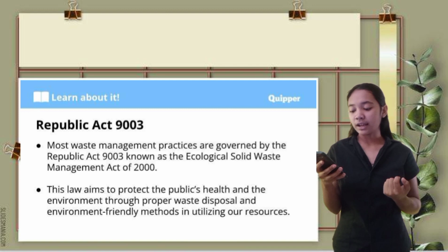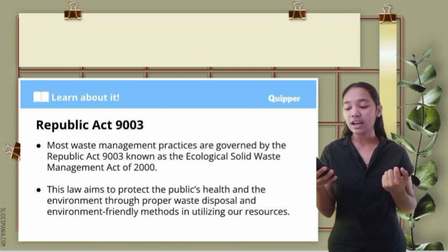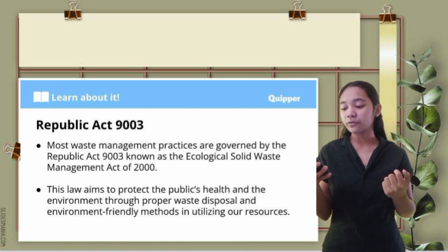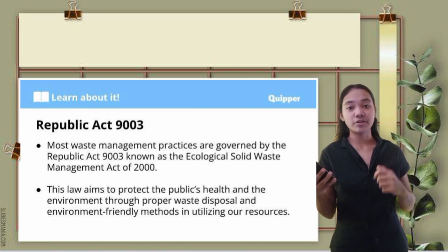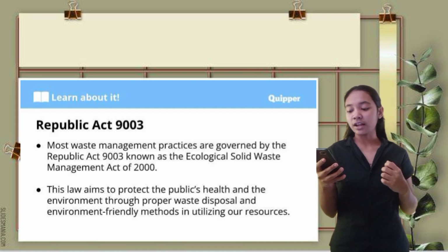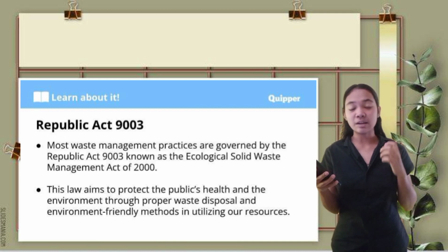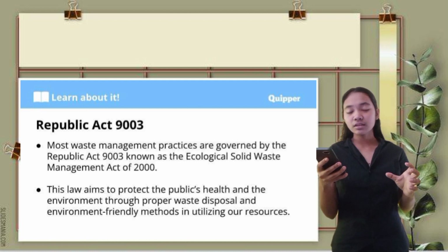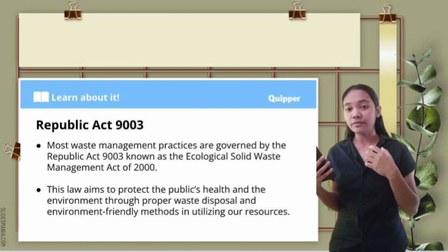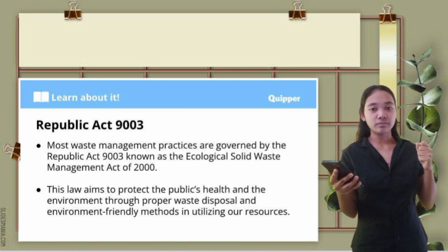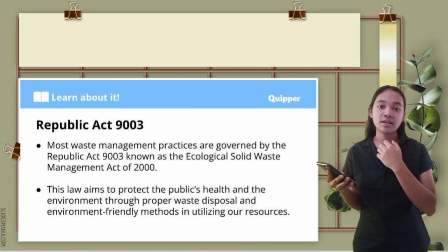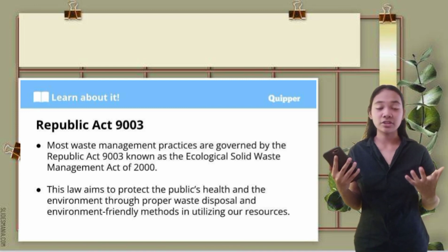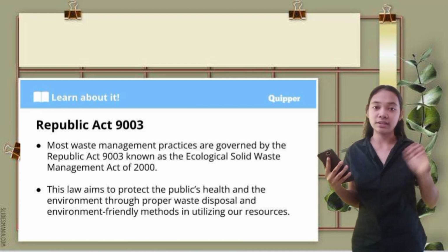This law aims to protect the public's health and the environment through proper waste disposal and environment-friendly methods in utilizing our resources. This Republic Act 9003 is a law of the Philippines that ensures the protection of our environment. We should take care of our nature and our health by managing our waste correctly.